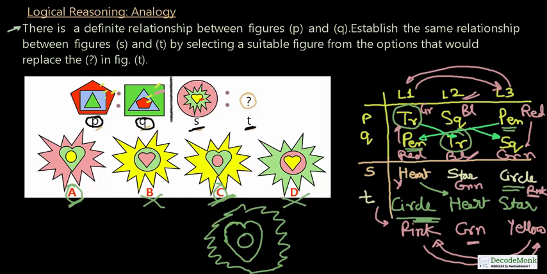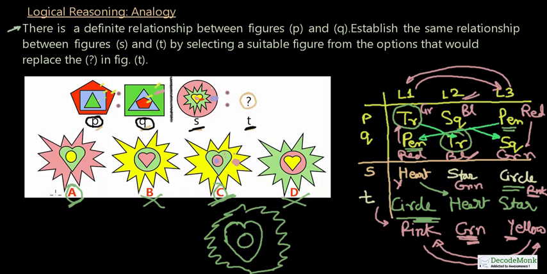There is a change in color between the innermost and the outermost figure. So here for option C, you see the innermost is pink, middle is green, and the outermost is yellow. So you can see that the innermost color has gone to outermost, and the outermost pink color has come down to the innermost.